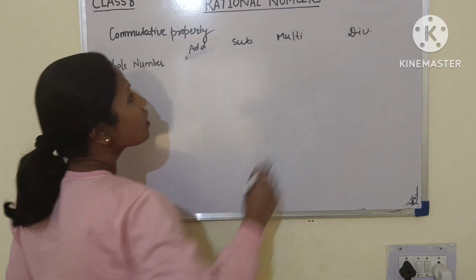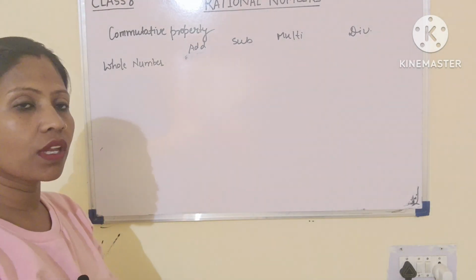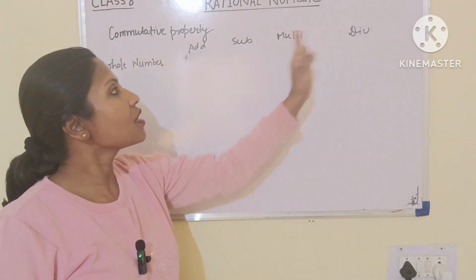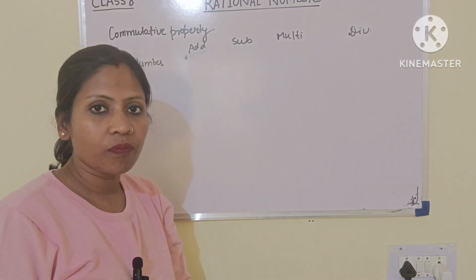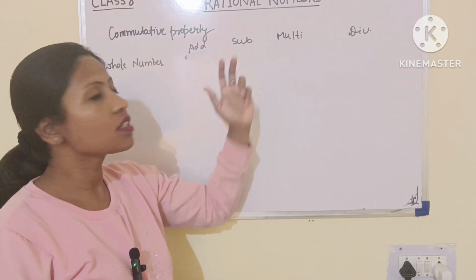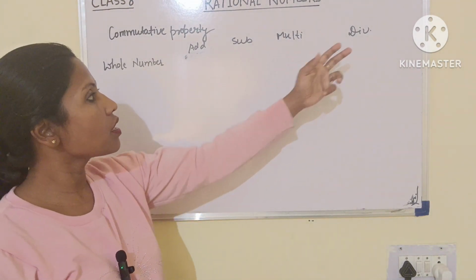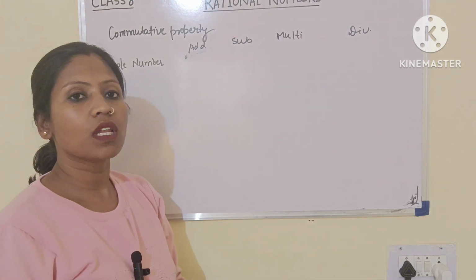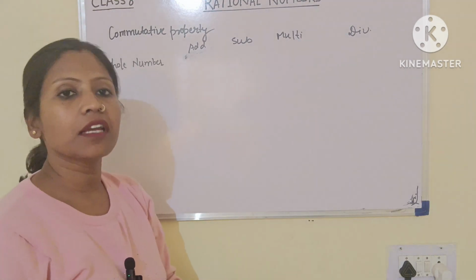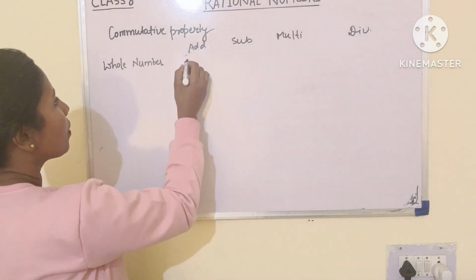Okay, so we know that in subtraction order is very important and division is part of subtraction only. So the order matters in division and subtraction a lot. So for subtraction and division, the commutative property will not be followed for any kind of number. Okay, let's take an example like whole number.